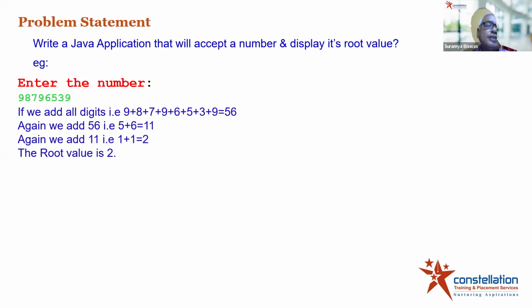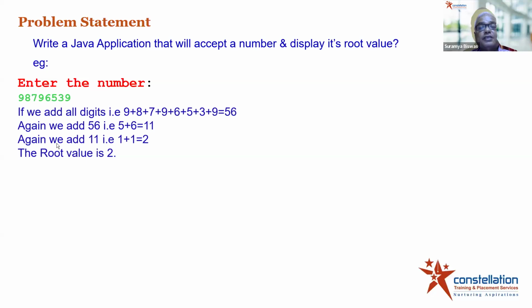So I will explain it again. Write a Java program. It could be a Python program, a C++ program, or a C program that will accept a number and display its root value. So I have entered a number, 9 crore 87 lakh 96,539. We add all its digit values and land on 56.